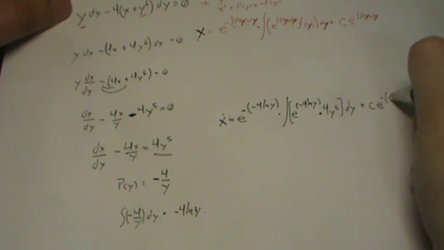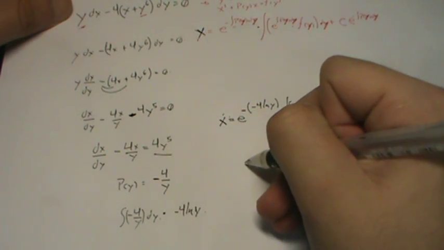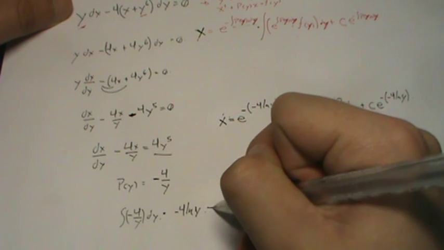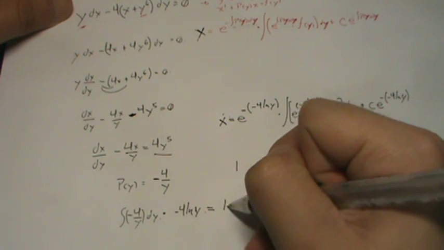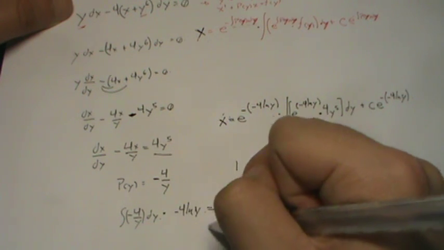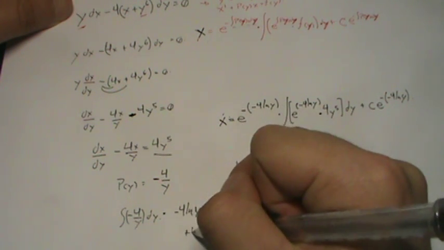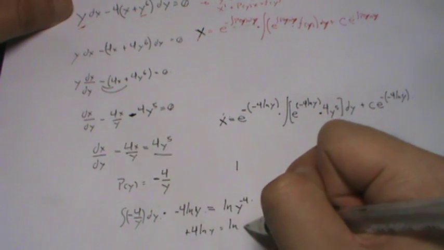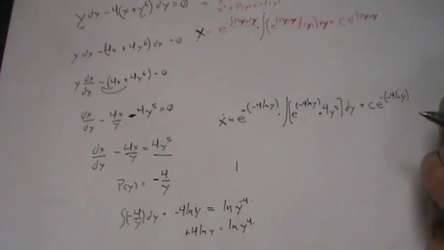Okay, so now that we plugged everything in here, we also know that minus 4 natural logarithm of y can be rewritten as natural logarithm of y to the minus 4. And so if it will be plus 4 natural logarithm of y, it's going to be the same as natural logarithm of y to the fourth.